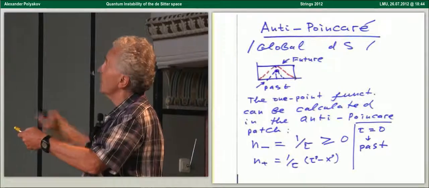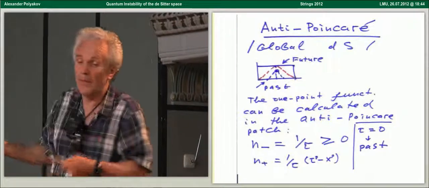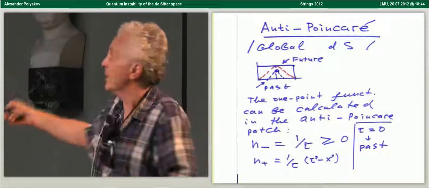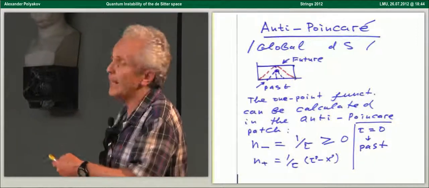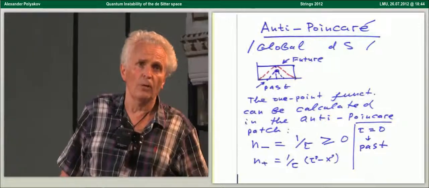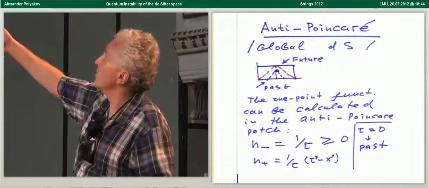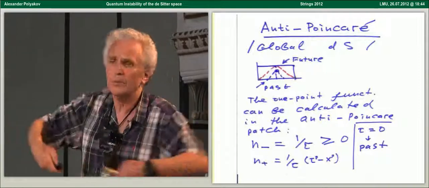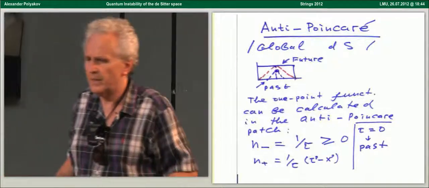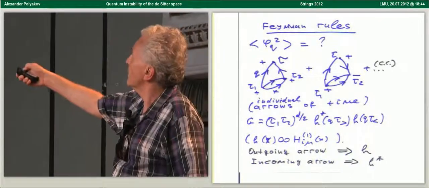And you see that the correlation function will be identically the same, as it's a precise statement based on causality of the Schwinger-Keldysh diagram that calculations in the anti-Poincaré patch are the same as in the global space, which may be a little strange because this anti-Poincaré patch seems to be a contracting universe, while the global space is non-singular, but this is an exact statement.